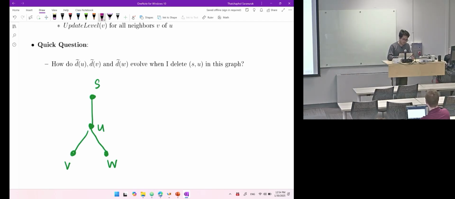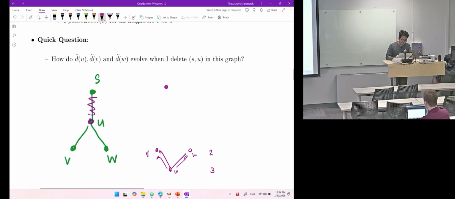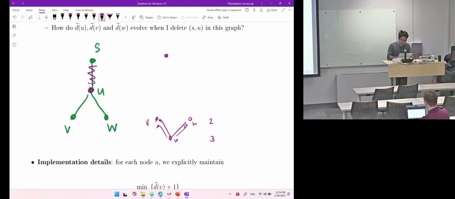When I delete this edge, now you need to update its level. So it will look at v and w, and take the level of u plus 1, so the level of this is now 3, and now it notifies the neighbors, and the levels of v and w will be updated to 4.